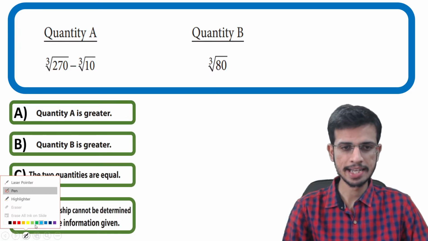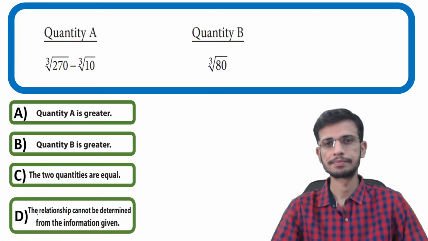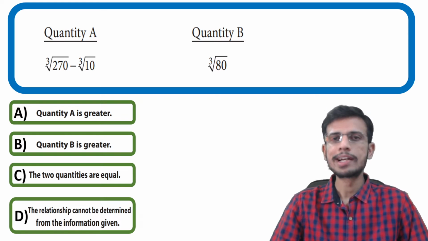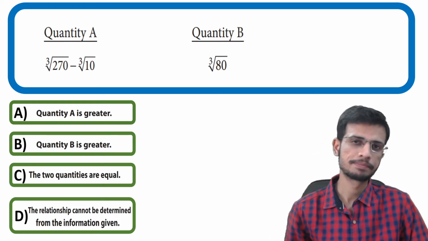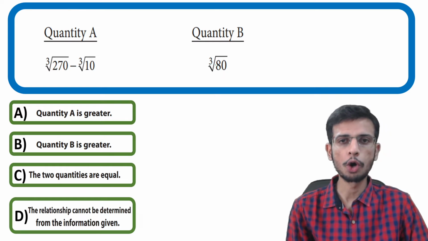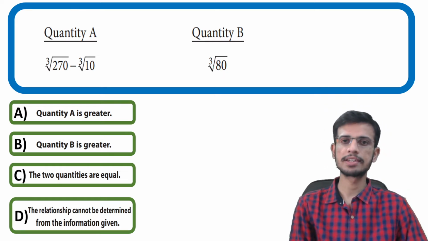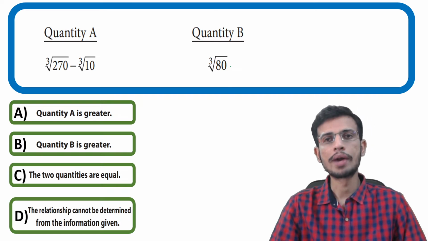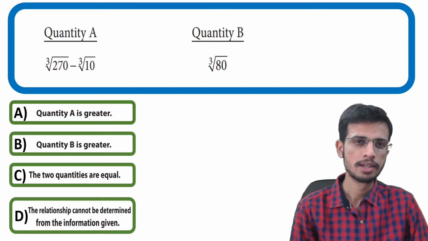Okay, so let's move on to the next question, and here is your question on your screen. Quantity A is defined and quantity B is defined. What is quantity B? Cube root of 80. We can write this as 80 to the power 1/3. What is quantity A?